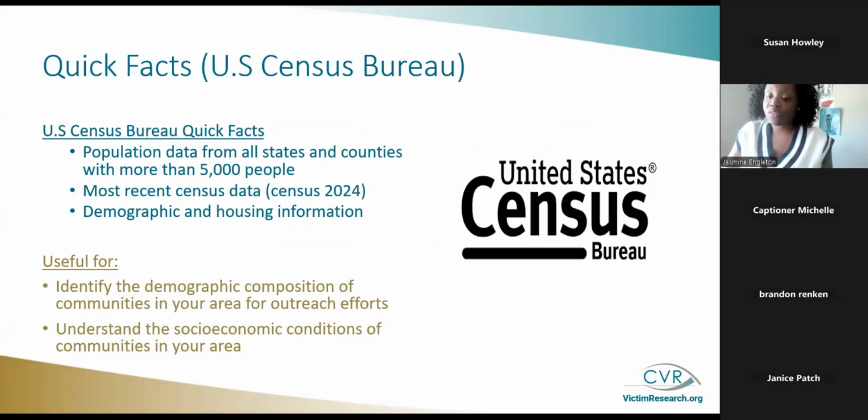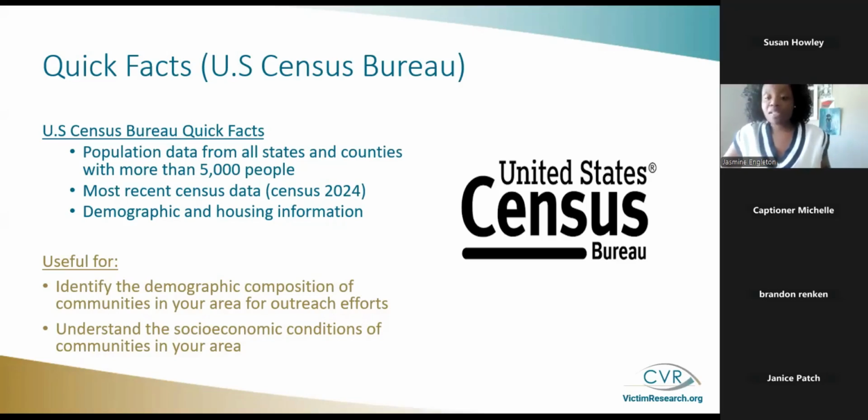It also includes information at the city and town level, with a disclaimer that the population has to be over 5,000 to appear in the data set. And as I had shared, it includes information about different social demographics of your community. It provides information about housing, living arrangements, and internet usage. Additionally, this tool can provide you information about income levels of the community.